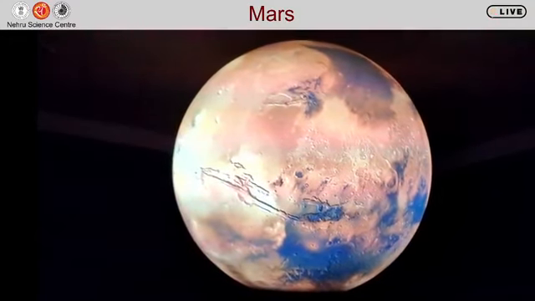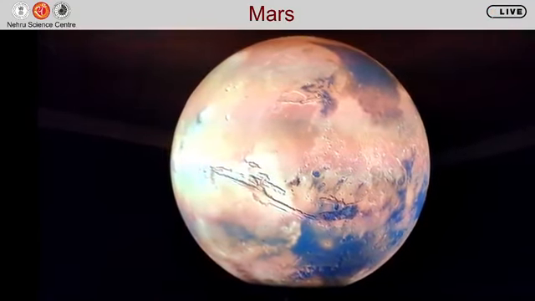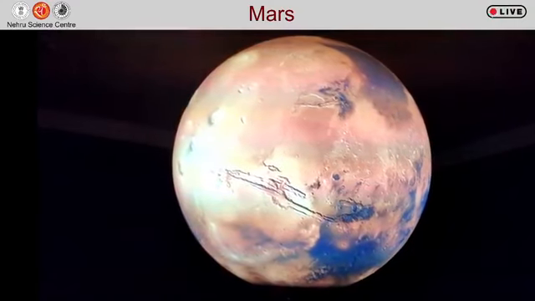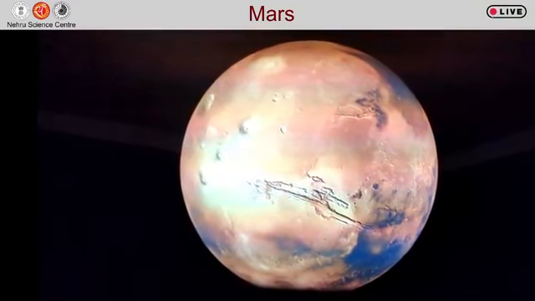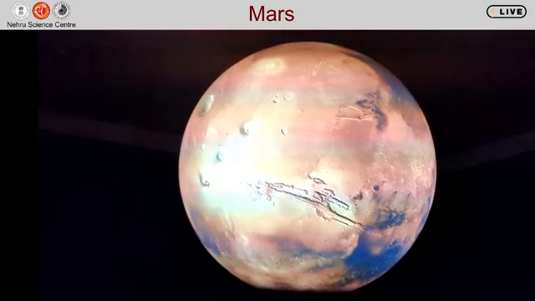And you see, as it is rotating, can you see these 3 mountains just beside Valles Marineris? Basically, this is the Tharsis region, a plain on the Martian surface.